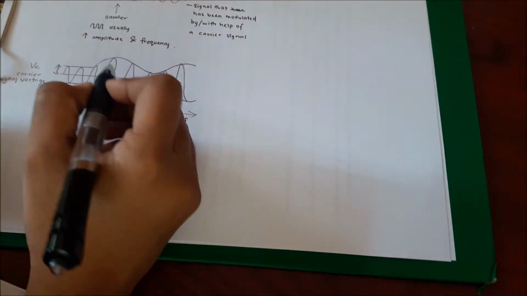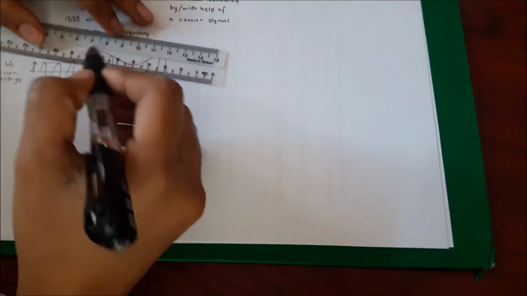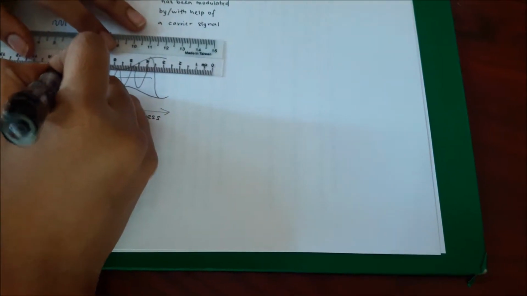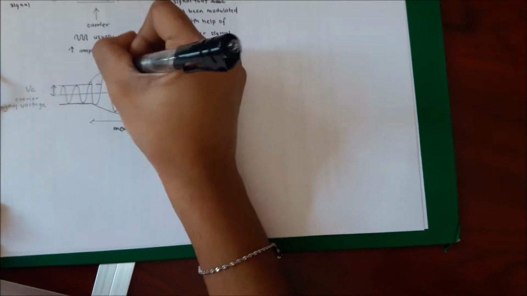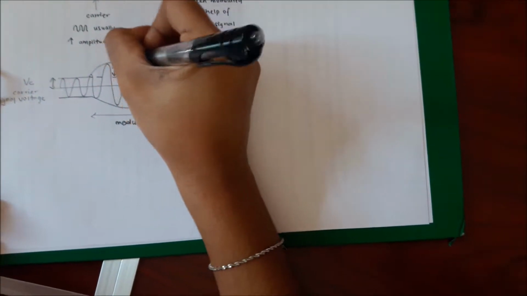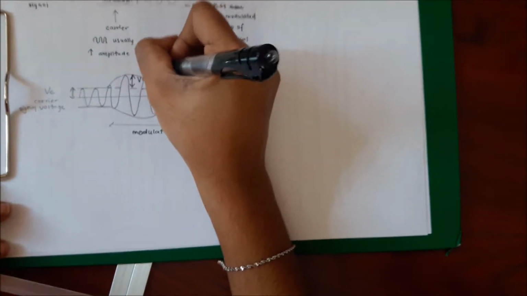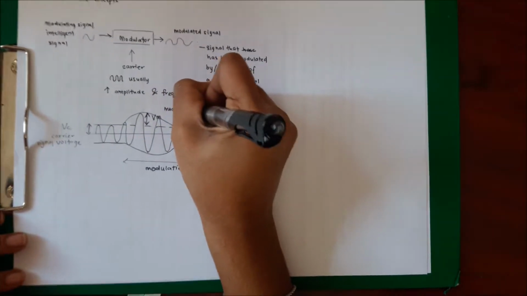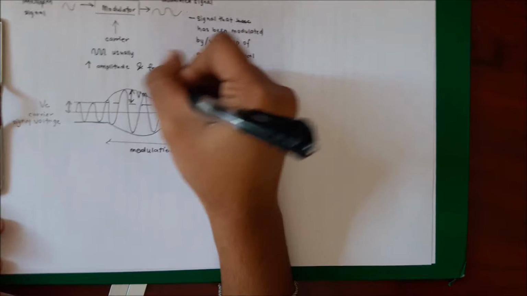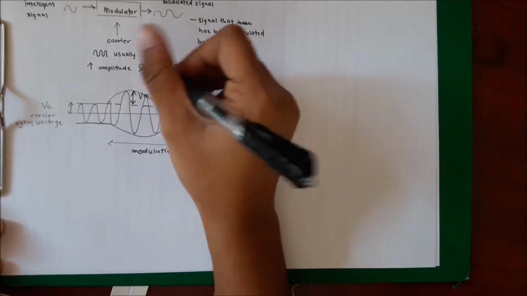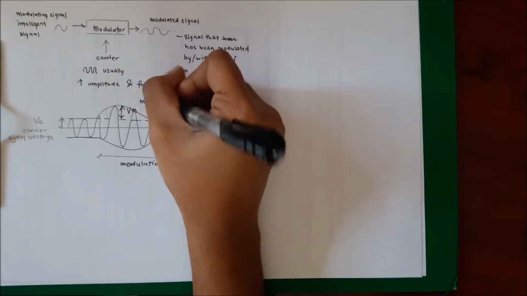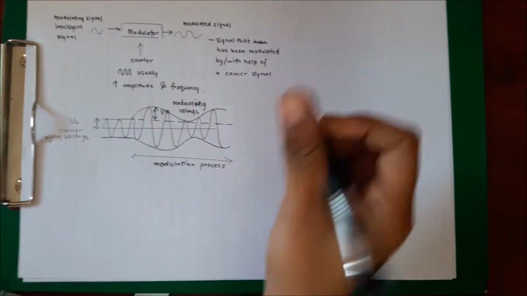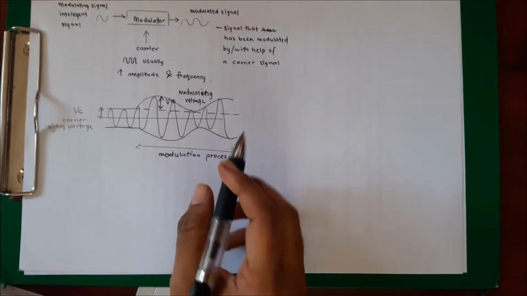This particular part, to be precise, is your VM, the modulating voltage.